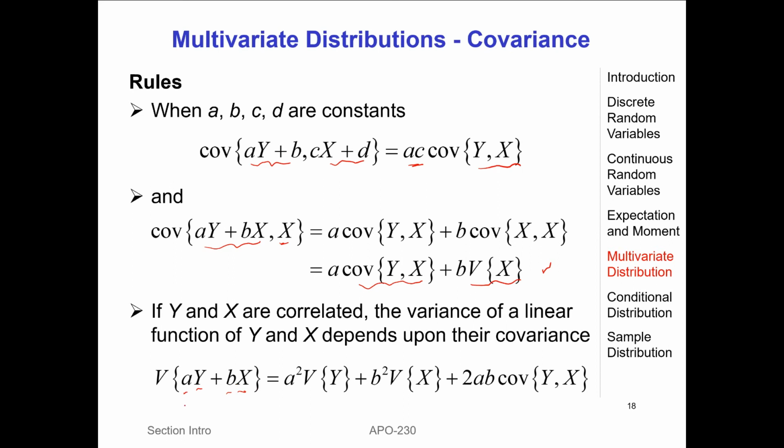Then the variance of this portfolio as a whole will be decomposed into three parts. The first two parts are the variances of the two random variables, the asset returns themselves. Here we're talking about returns, the profit, so to say. And then it also depends on the covariance of the two returns.